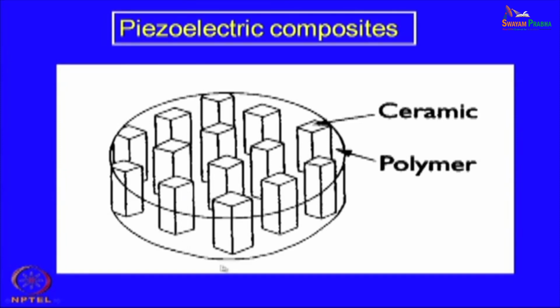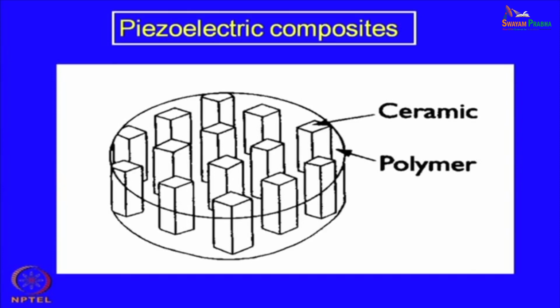So, it is a 1-3 connectivity. Polymer is connected in all 3 directions, whereas there are isolated rods or fibers, whatever you can call them depending on the dimensions. These days, with the advent of nanofibers, one can also have nanofibers of ceramics, but they are all aligned in a particular direction.